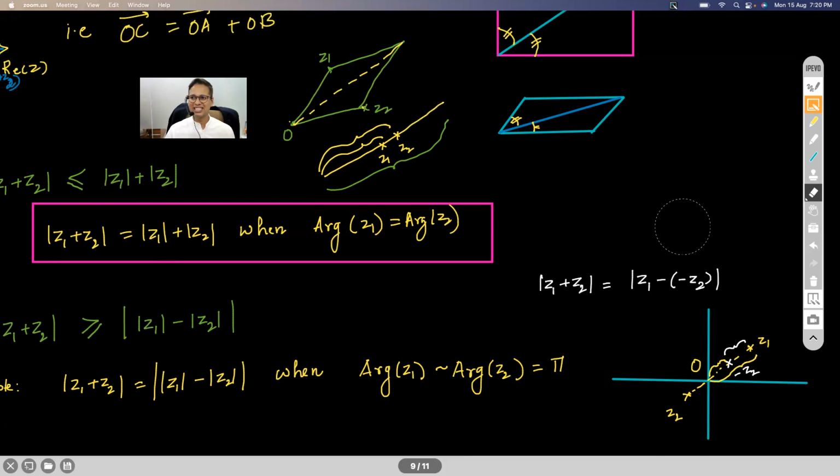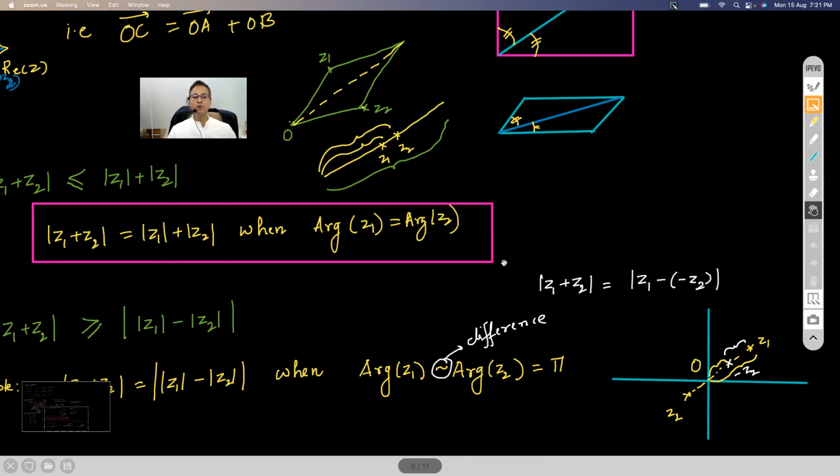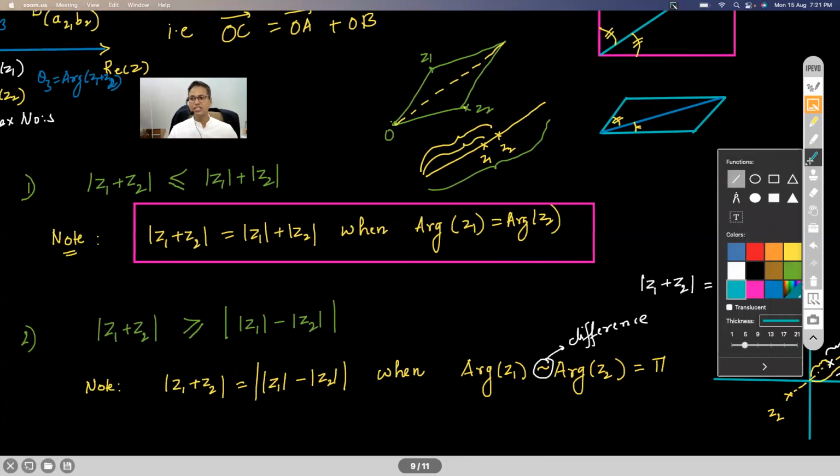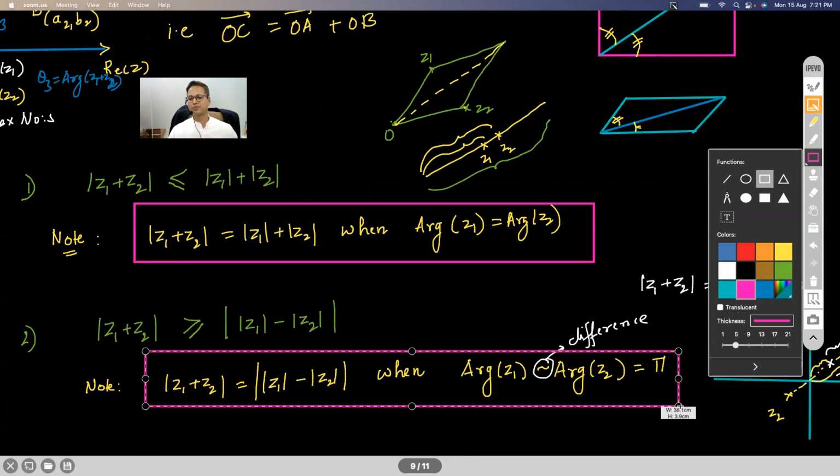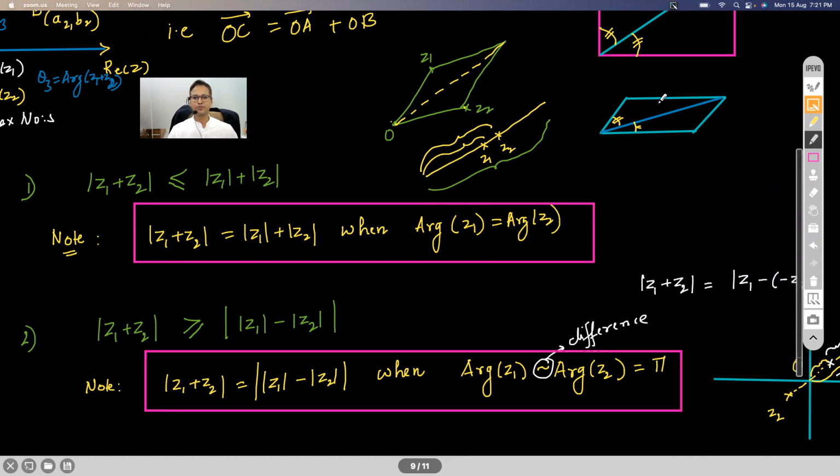Hence, you'll see I have put a tilde symbol. This tilde symbol means difference. So if the first one is bigger than the second one, then it will be first minus second. If the second one is more than the first one, then it will be the second minus the first. This is very, very important because questions on this have been asked in competitive exams. Please note this down.